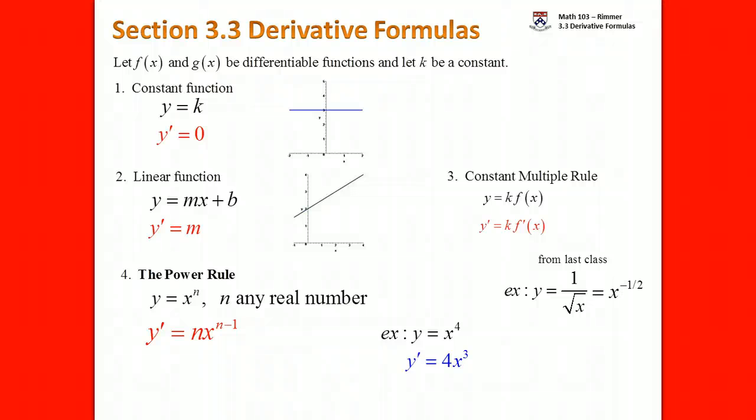Bring the negative 1/2 in front, and then take away 1 from that exponent to get your new exponent. If you're already at negative 1/2 and you take away 1, you're at negative 3/2. So the derivative would be negative 1/2 times x to the negative 3/2. And that's exactly what we got. We said it was negative 1 over 2x to the 3/2. We would do it in 5 seconds as opposed to 15 minutes.